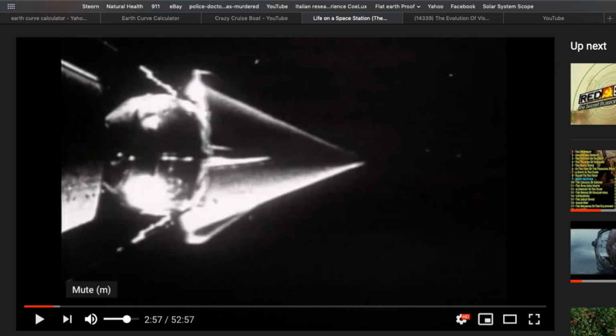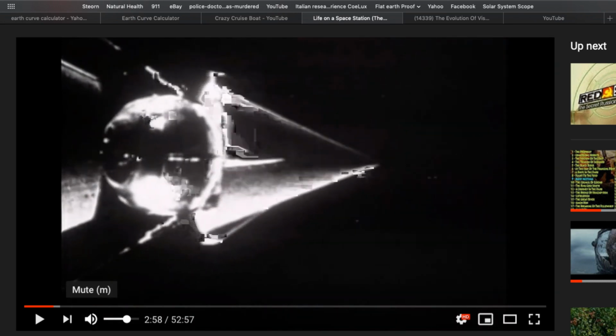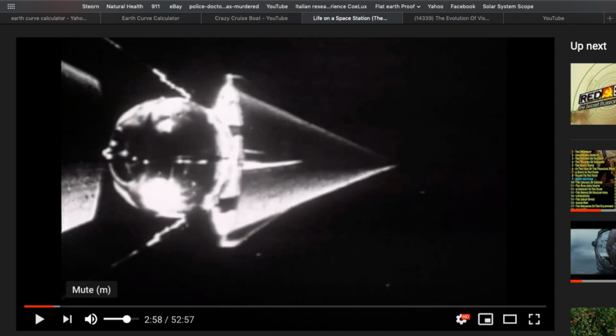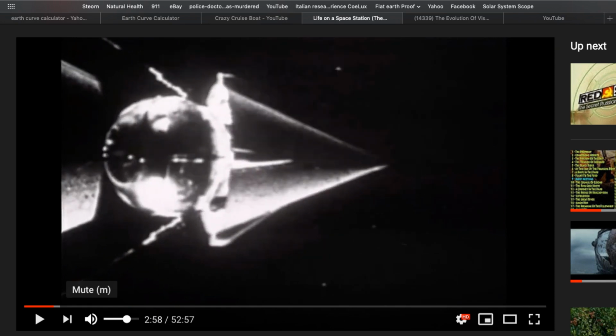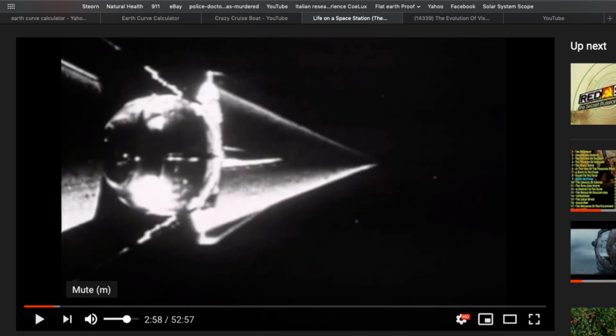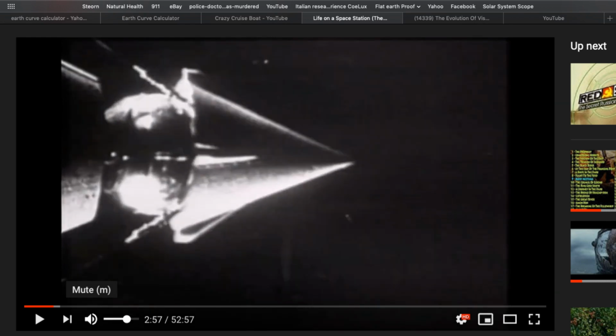That's very interesting. And the footage that's being caught, the images that are being caught, are being transmitted to Earth by a satellite that has not yet been deployed. How can we tell that for sure? Because we're watching its deployment.